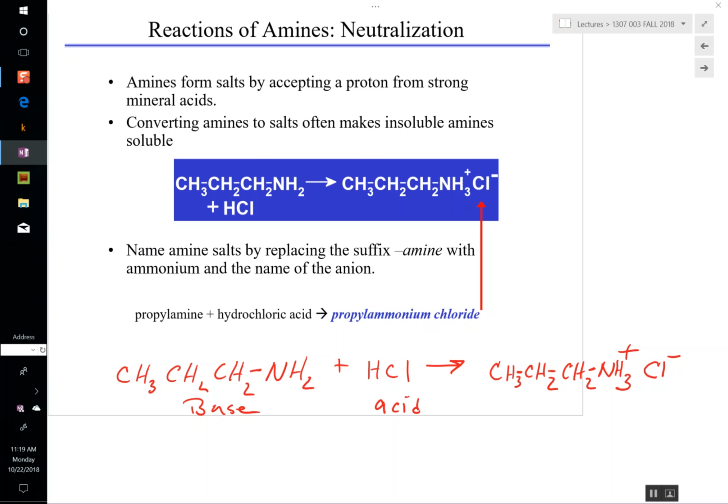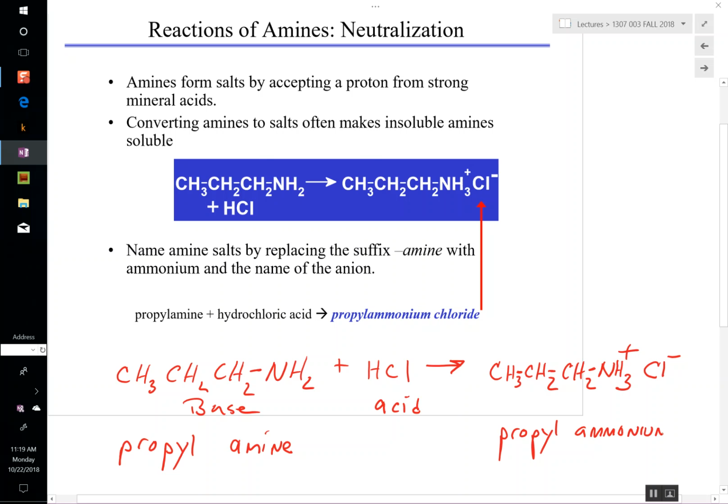But now I've got this positive ion, propyl ammonium. This is propylamine, plus hydrochloric acid is going to form propyl ammonium chloride.